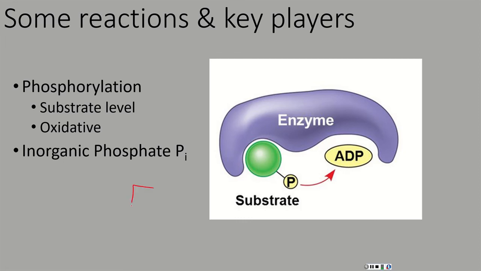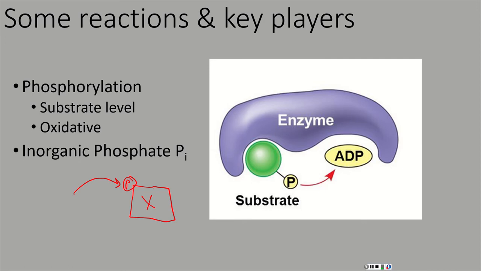So let's say I have just a generic molecule. We'll call it molecule X. Now, if I put a phosphate group onto that molecule X, I have phosphorylated that molecule X. So phosphorylation, we can just define simply as attaching a phosphate group.